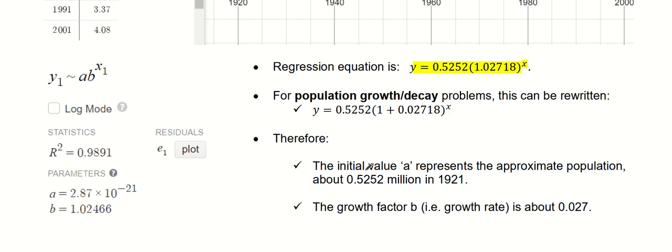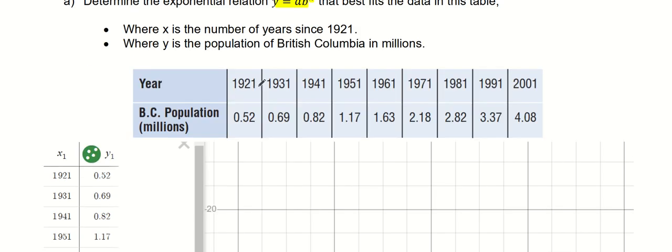So therefore, you can say that when x is 0, it turns this whole entire thing into 1. And 1 times anything is itself. So the initial value, when x equals 0, is 0.5250 million, 52 million in 2001. This is when the population started right here.